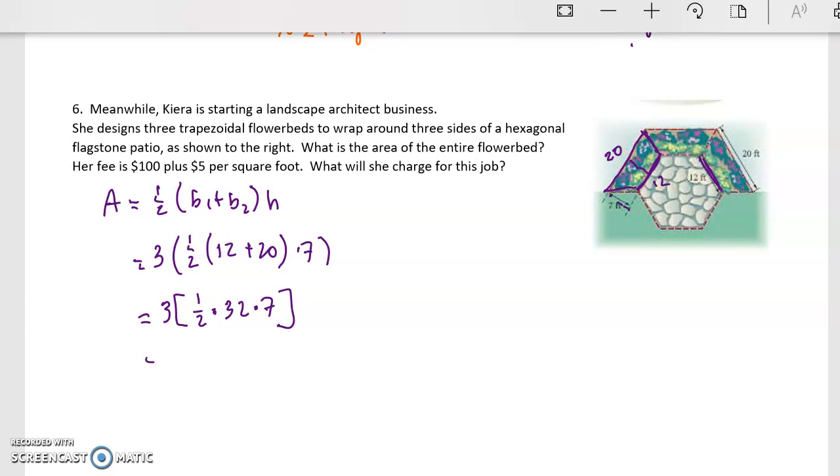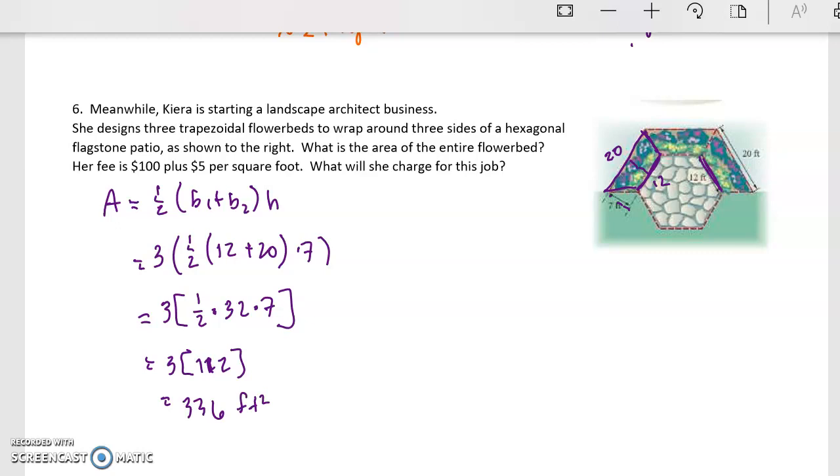So each one is 112, and we have 3 of them. Which is 336 square feet.